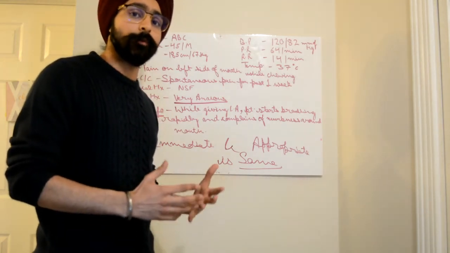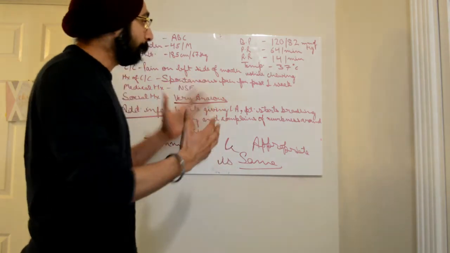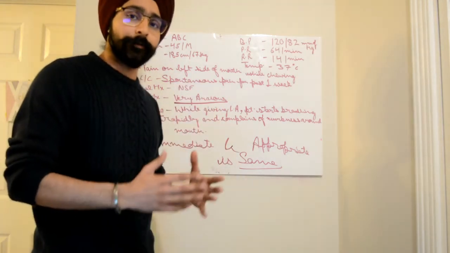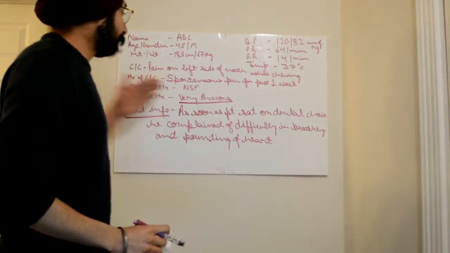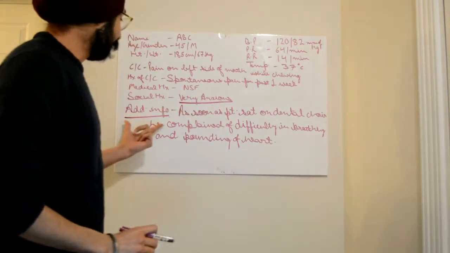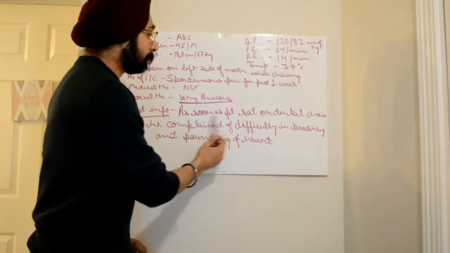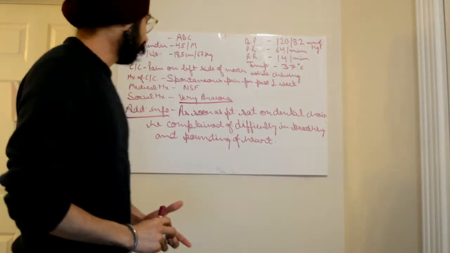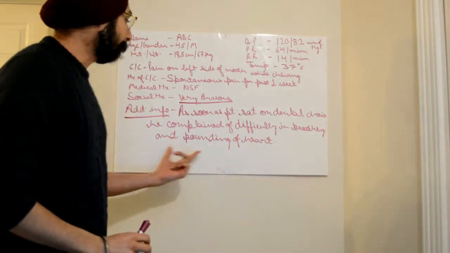Now let's move on to other emergency. I will change the history a little bit and we will discuss the next emergency. Friends, I have kept the history same, but in the additional information, the question says, as soon as patient sat on dental chair, he complained of difficulty in breathing and pounding of heart.